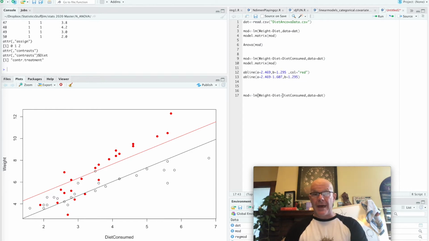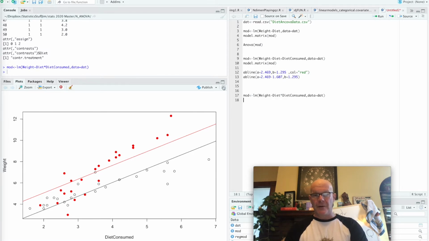And so we can do that by saying diet times diet consumed. So I'm going to go ahead and run this, and this is going to tell R very kindly, would you please make a model where you are estimating an effect of diet, diet consumed, and the interaction term, meaning the potential non-additive component of the relationship between diet consumed as it pertains to weight.